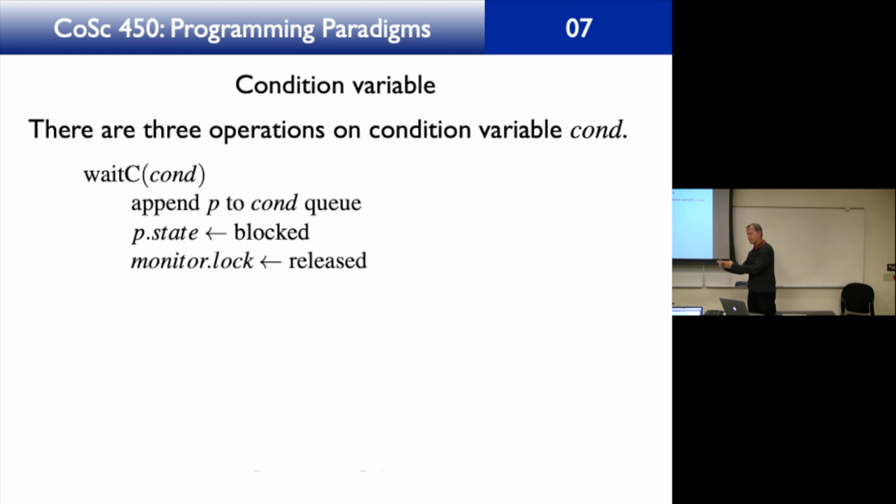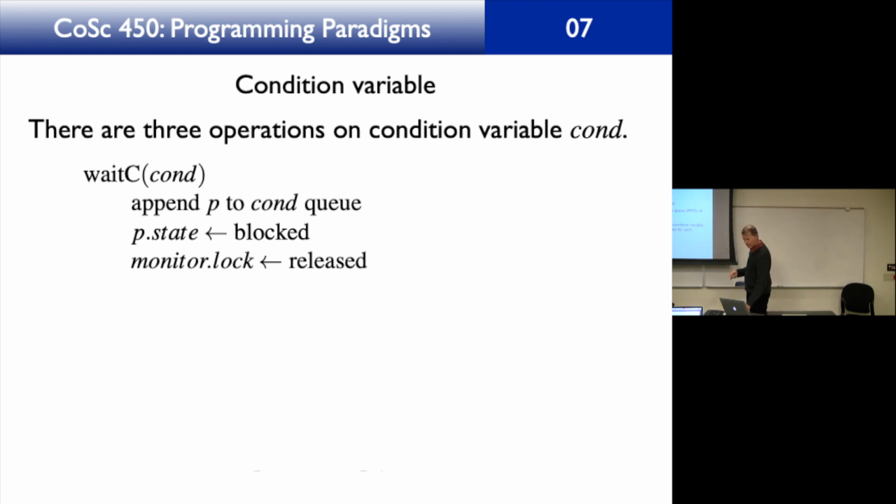And what happens? Automatically, that process P is appended to the condition queue. There are no ifs, ands, or buts about this. And furthermore, the state of that process is now blocked. And then the lock of the monitor is released.